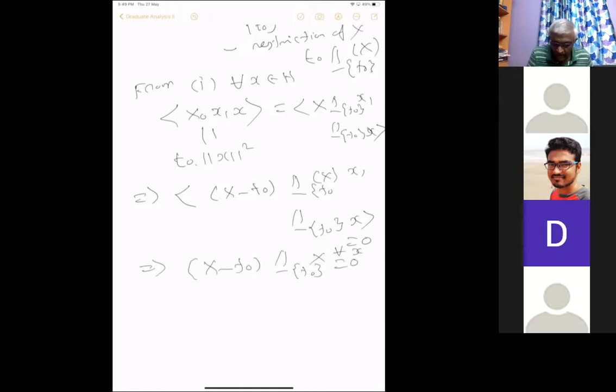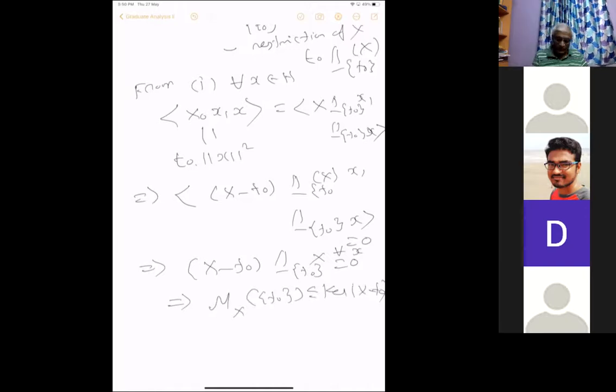So if this kind of quadratic forms, by the polarization identity, are 0, then the operator itself is 0. So because of that, this is 0. Okay. So this implies the range of this subspace, M x with this t naught, is contained in the kernel of x minus t naught.